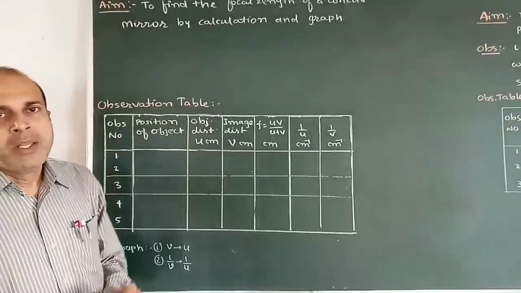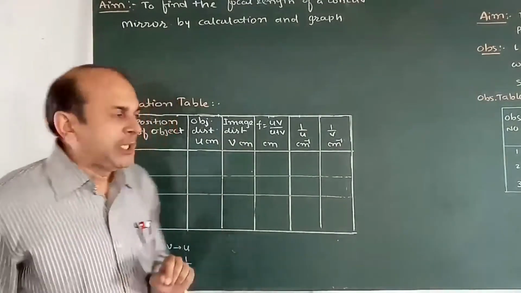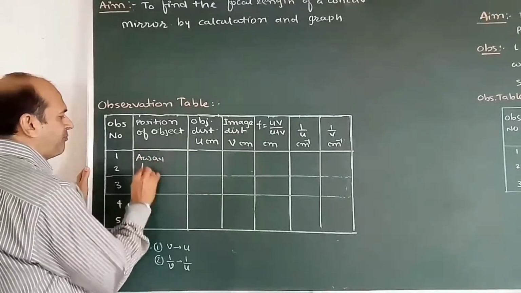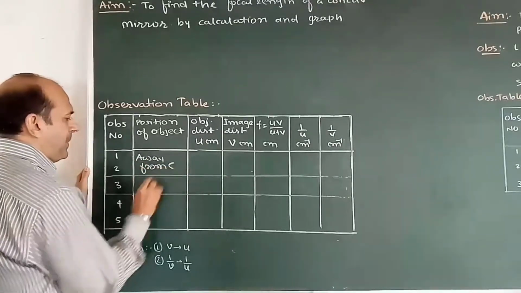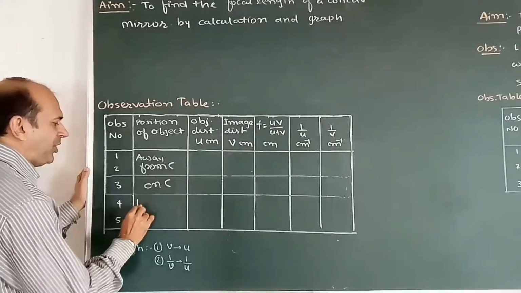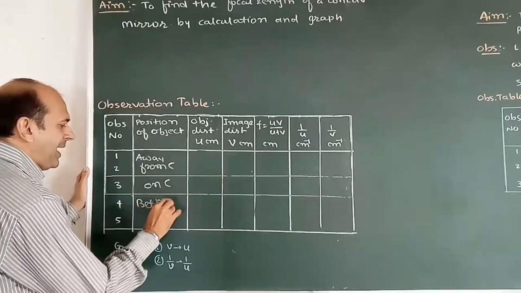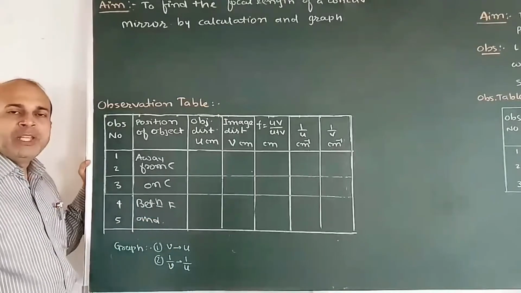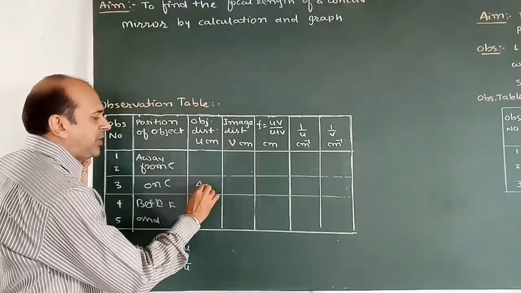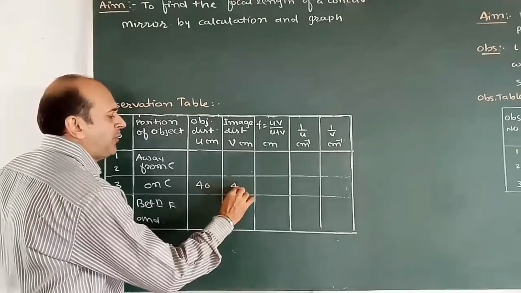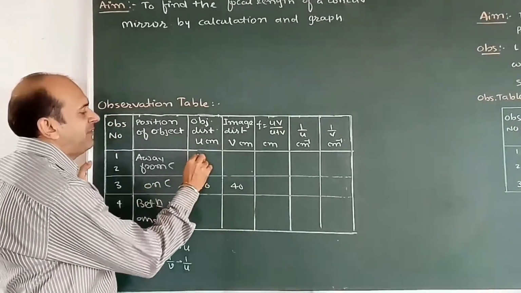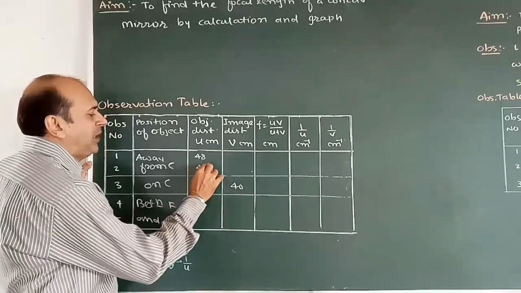There were three positions of the object pin. First, away from C, then second, on C, and third, between F and C. When you place the object on C, it was 40 and the distance of the image was also 40. Now we select two distances away from C, which are 48 and 44.